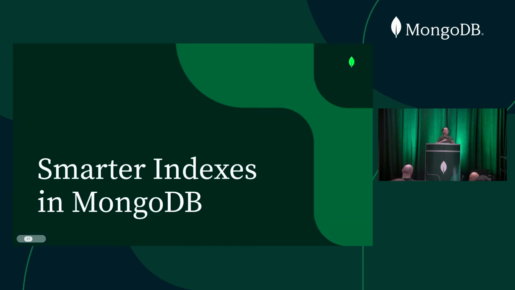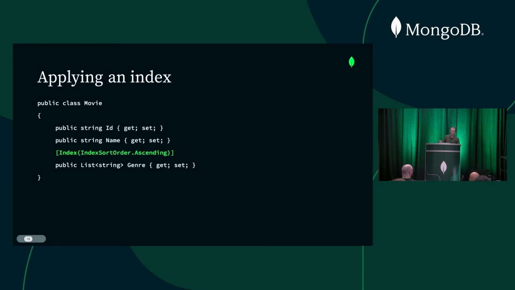So now I want to talk about getting smarter with indexing with MongoDB. I said earlier that MongoDB's got some interesting functionality with indexes because there are multiple types of indexes and some interesting ways you can work with it. In the most simple case, an index is just an index attribute with your sort order. That will get you there the majority of the time. But you can go a bit further. You can have a named index.